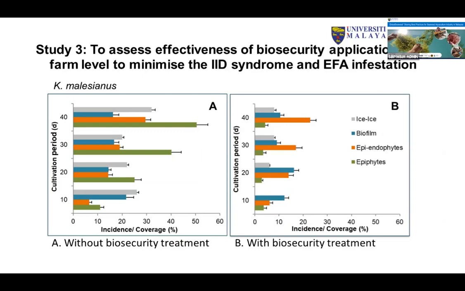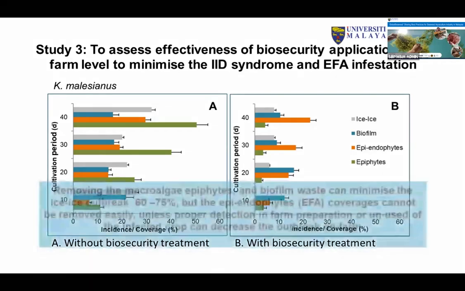The results of the biosecurity application on the farm are shown by two graphs for Kappaphycus malesianus. In graph A, the seaweed grown in the non-biosecurity treatment farm had increased pest coverage with increased incidence of ice-ice, reaching about 30%. In graph B, the seaweed grown in the biosecurity treatment farm had low coverage of pests with low incidence of ice-ice.